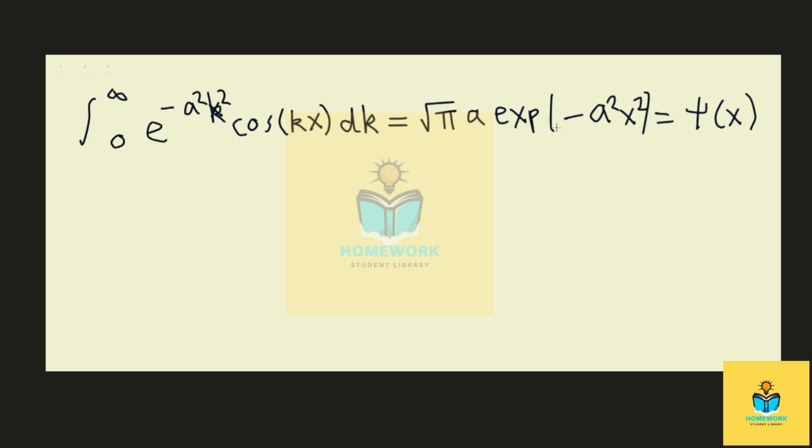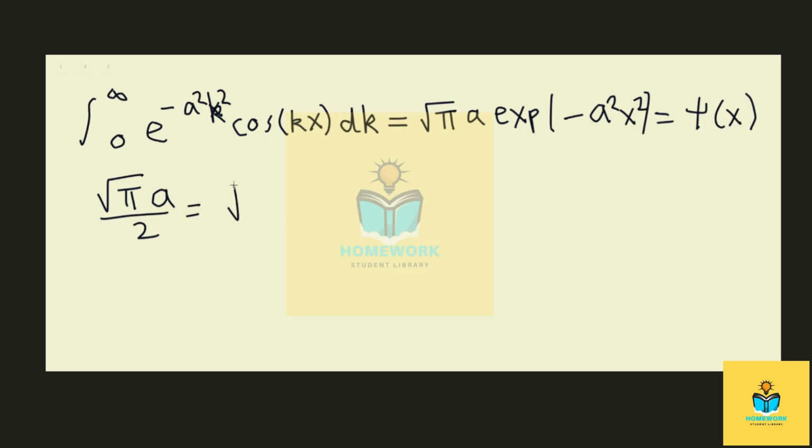So when is this half max? This looks a lot like the previous one. To get a half max, we need something that looks like this. Oh, missing one thing. Its maximum is root pi times a. We want half of that.